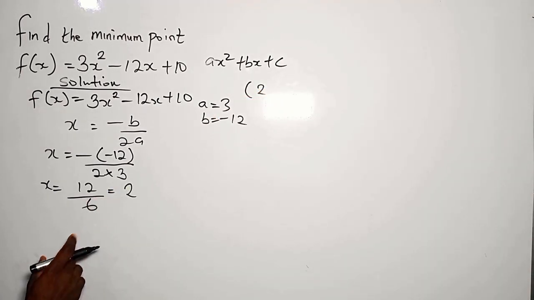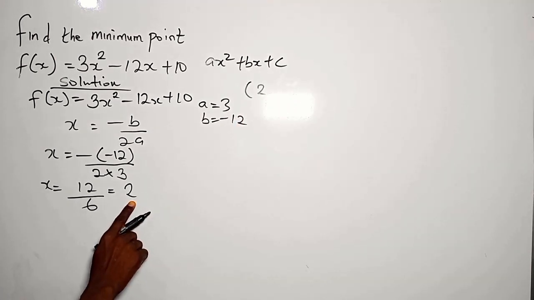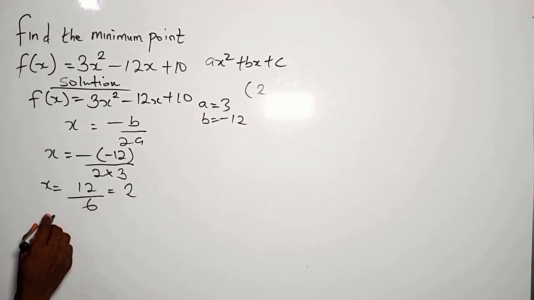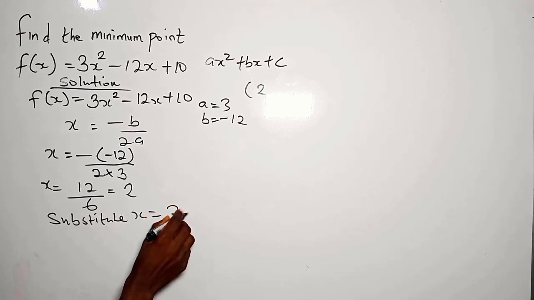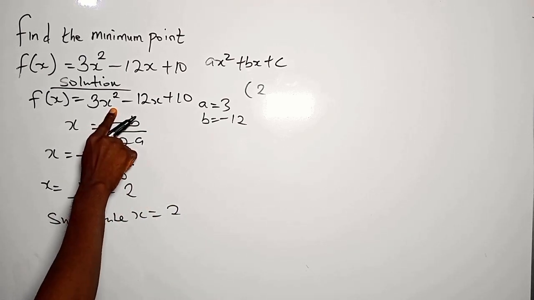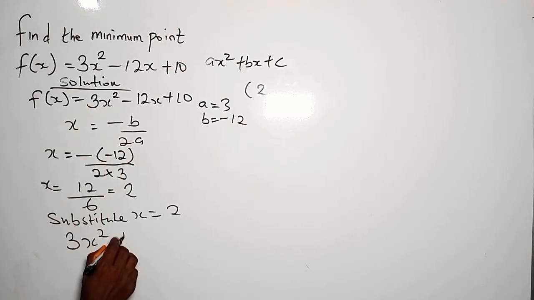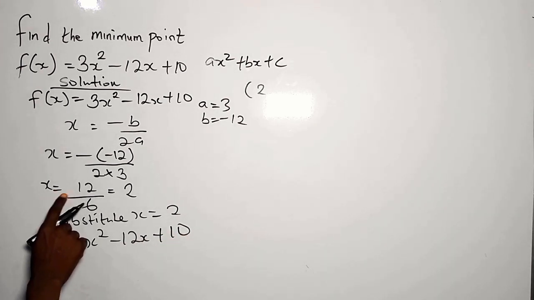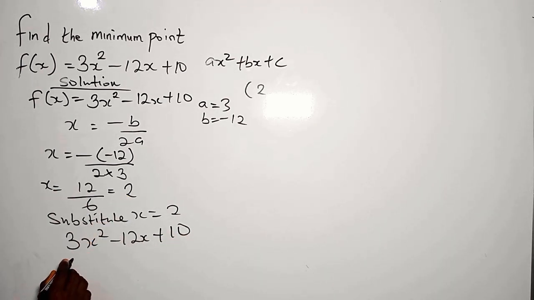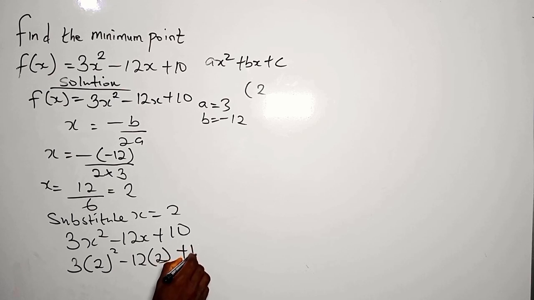So we can easily determine the value of y, which is the second point. How do we do that? We substitute x equals 2 back into this function. We have 3x squared minus 12x plus 10, so when we bring x to be 2 back here, we have 3 into 2 squared minus 12 multiplied by 2 plus 10.